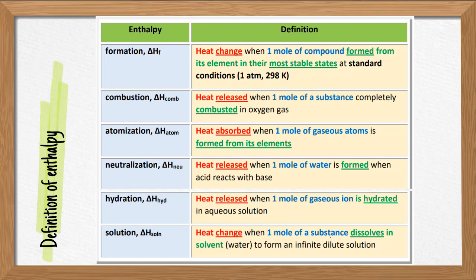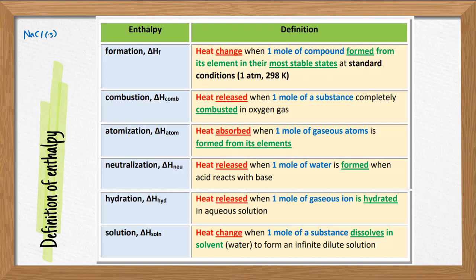Alright, so I write the example over here. Let's say I give you the example of the substance NaCl, solid. When you want to find or define the enthalpy of solution, it means that you make a solution from solid to aqueous.